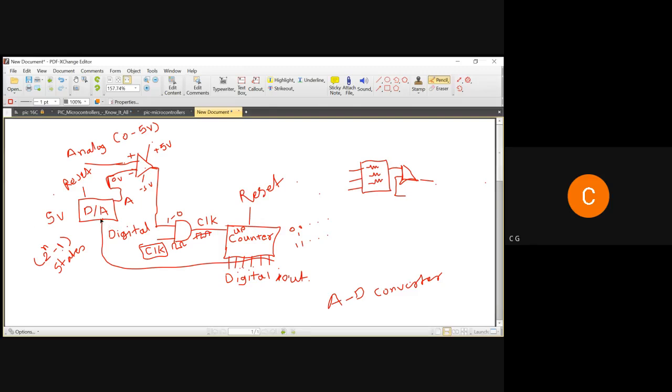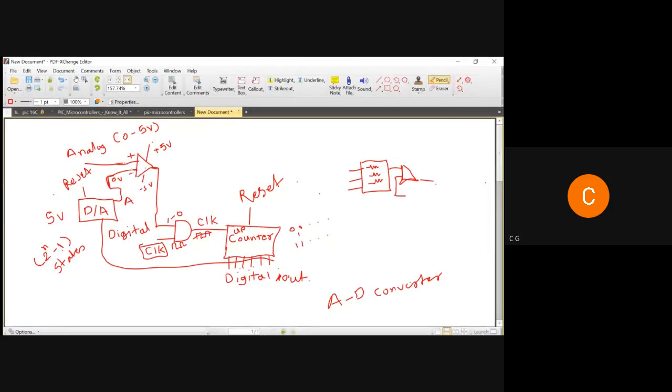With each clock pulse, the output value of the D to A converter is rising by the resolution, or the value of the LSB, least significant bit voltage. So it is rising from 0 to 5 volt.